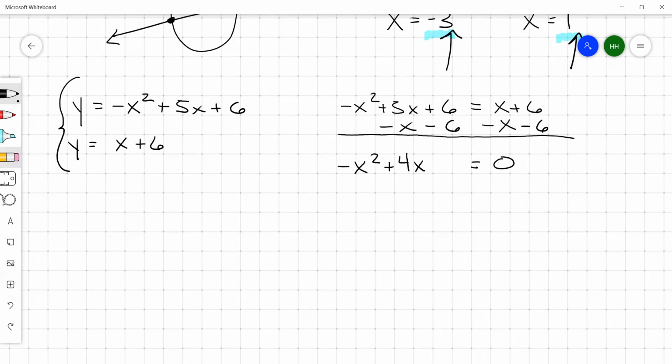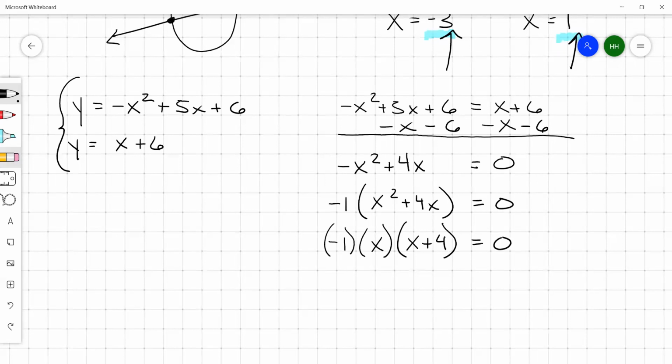So now you're factoring, and you only got to factor a binomial. But since this x² has a negative in front of it, you take a -1 out. So -1 times x² plus 4x equals 0. And you factor this binomial, so we get -1 times x times x plus 4.